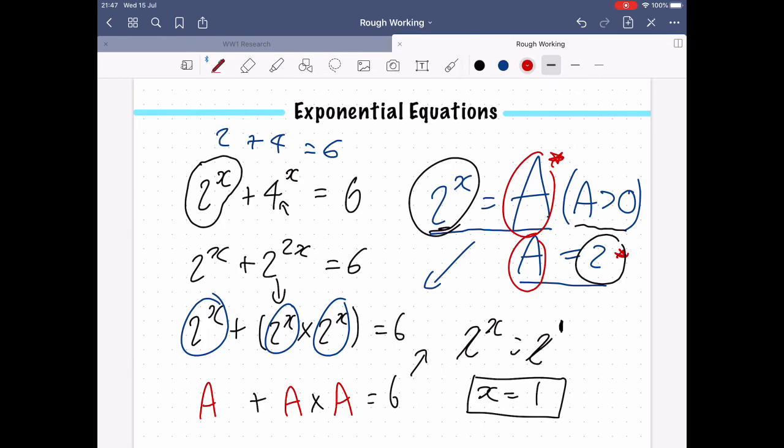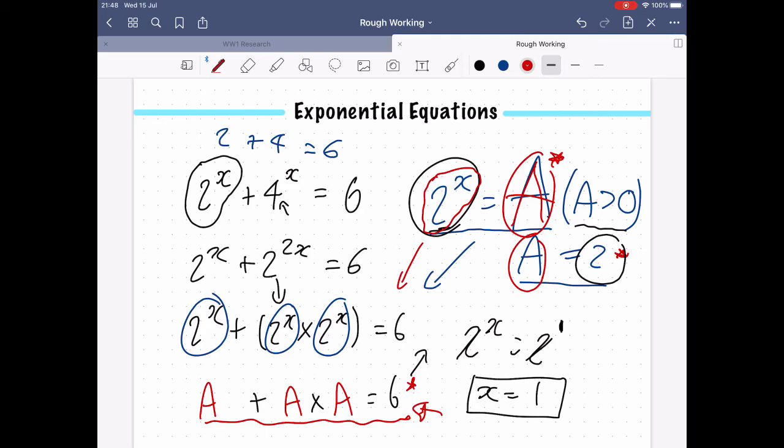So here, the key points are you're going to give your common ground with your common exponent another algebraic value. It can be A, B, C, whatever. And then replace it. Solve this bit over here, which will just be a quadratic, so if you know how to do that, you can use the quadratic formula if you're stuck, or factorize.